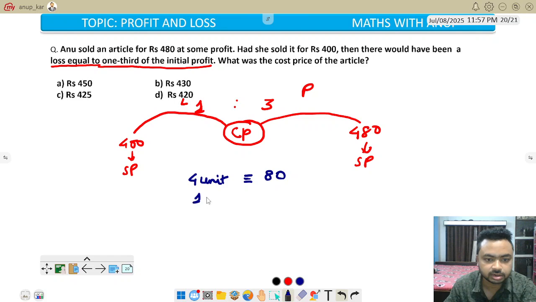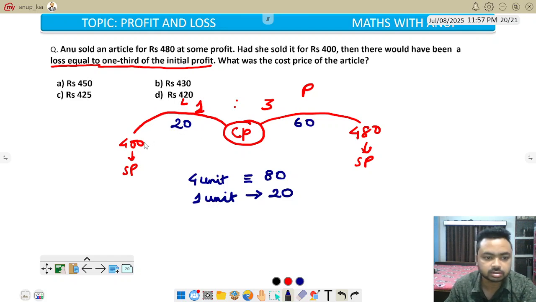So 1 unit will be equivalent to 20, because 80 divided by 4 is 20. So here 1 unit is equivalent to 20, and 3 units is equivalent to 60.